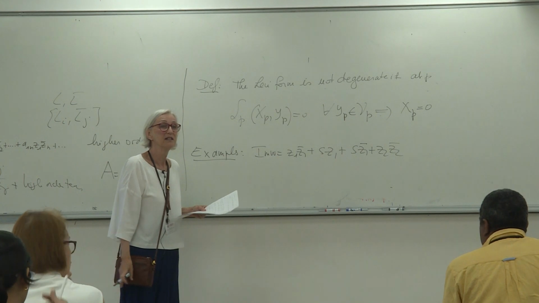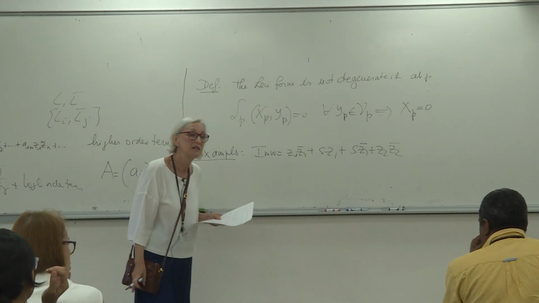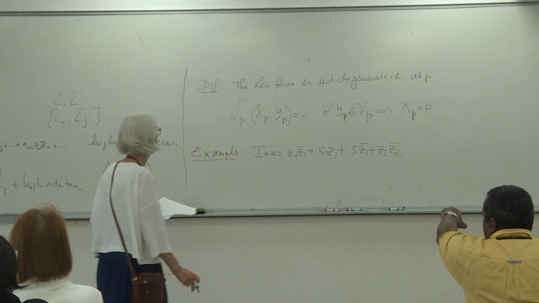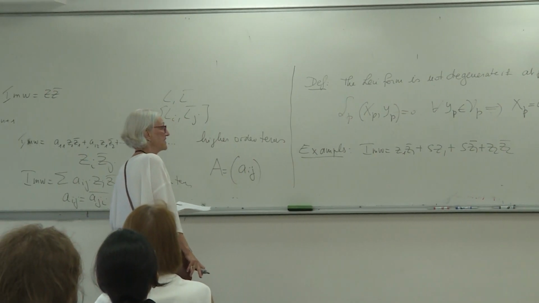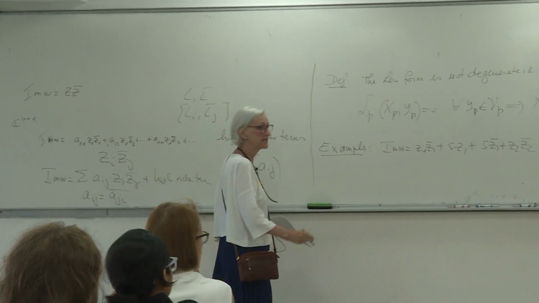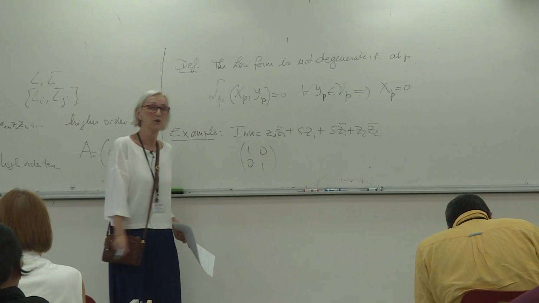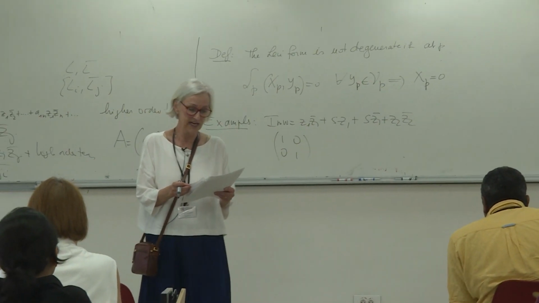What is the matrix? The identity. Yeah, it's going to be 1, 0, 0, 1 at 0. So it's Levi non-degenerate. Okay?